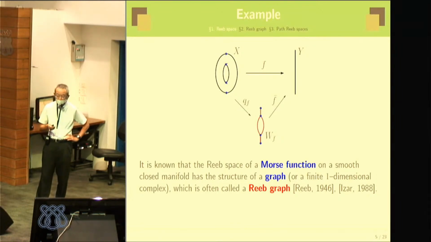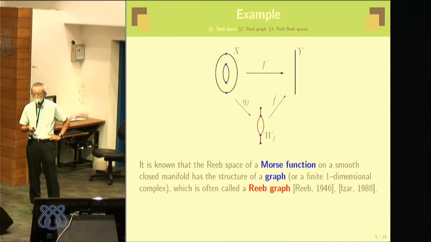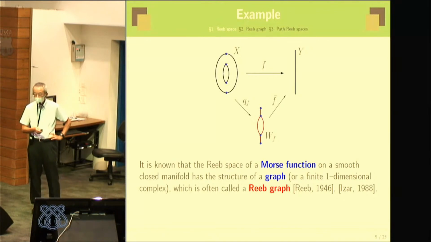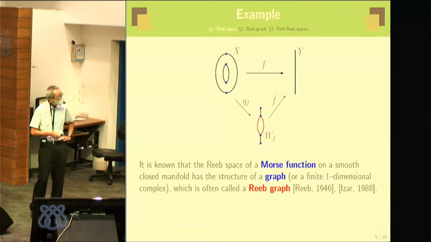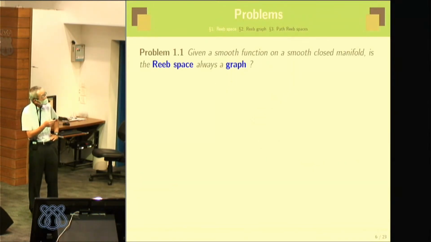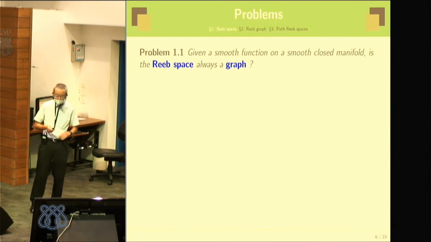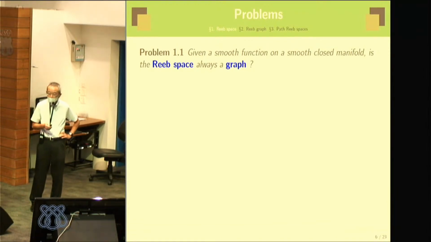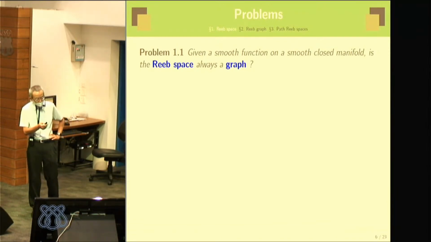So I started to think about how we can weaken the condition so that we have a Reeb graph structure for the Reeb space. So this was my question. So given a smooth function on a smooth closed manifold, is the Reeb space always a graph or not? Closed means here compact and without boundary.